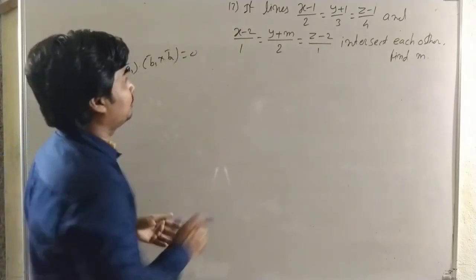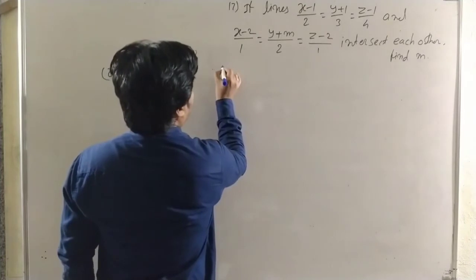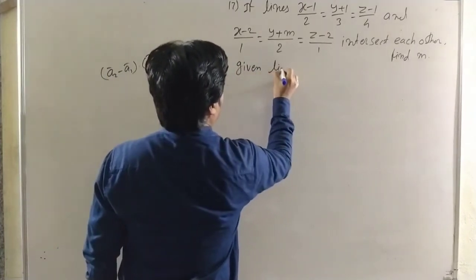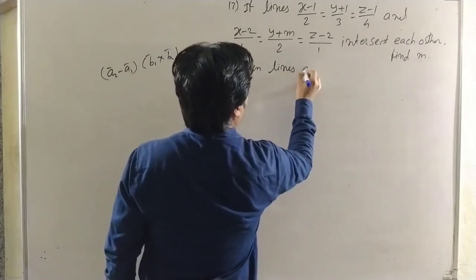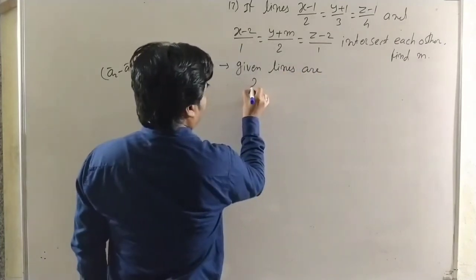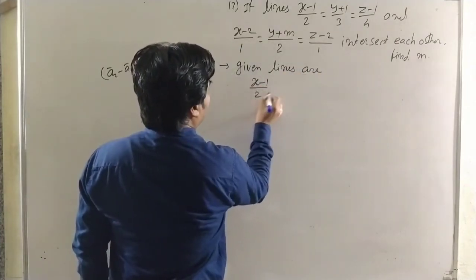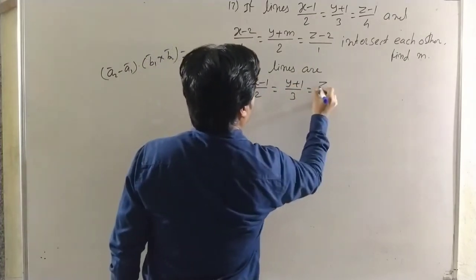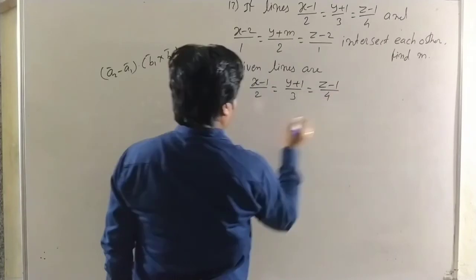Okay. Here the given lines: (x minus 1) upon 2 is equal to (y plus 1) upon 3 is equal to (z minus 1) upon 4.